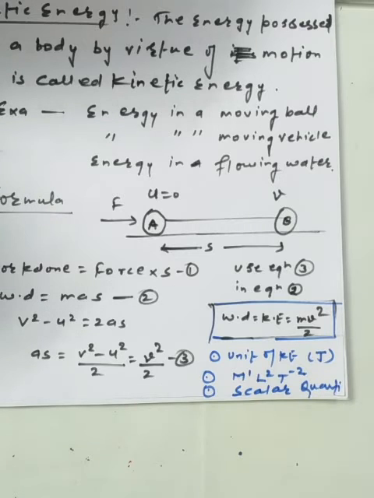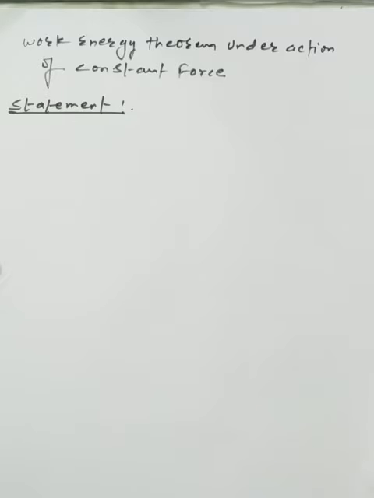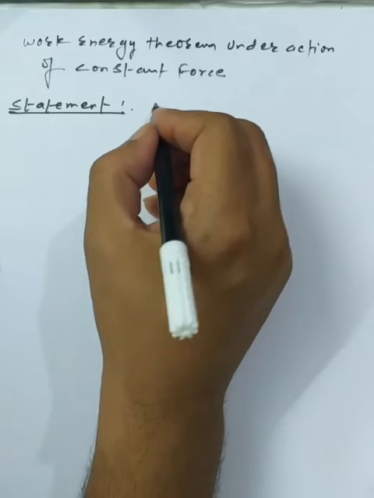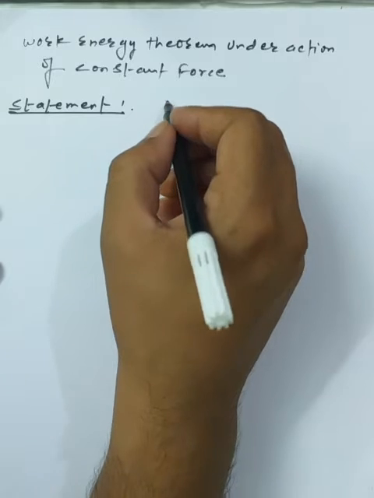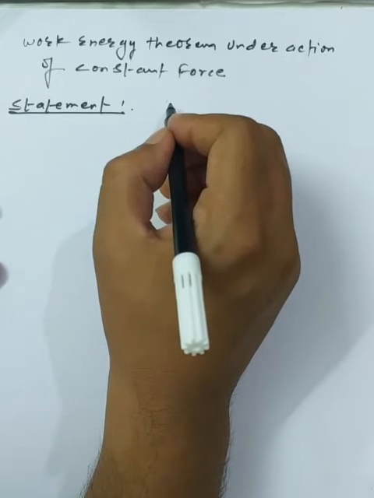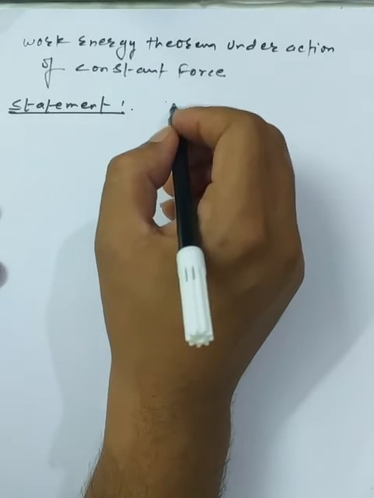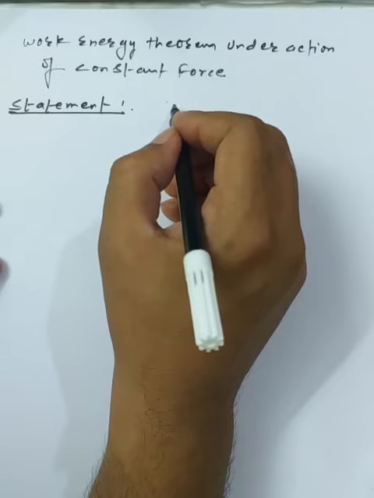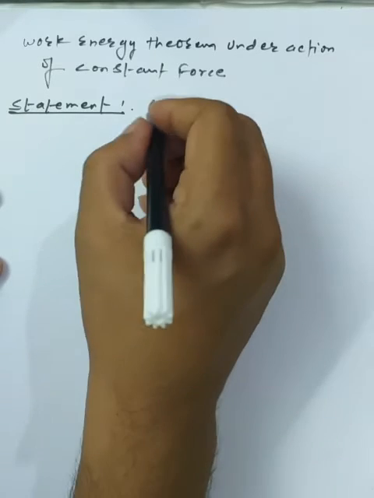Now we want to discuss the work energy theorem under the action of a constant force. Now I am applying a constant force on a body. So what kind of statement can I write here? The work done by the net force acting on a body is equal to the change in kinetic energy.